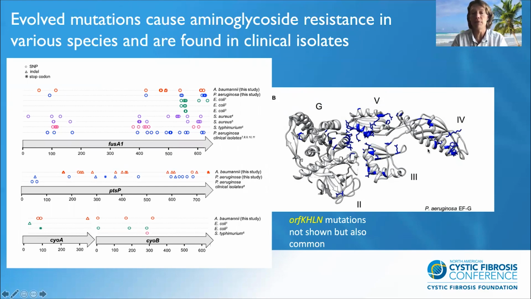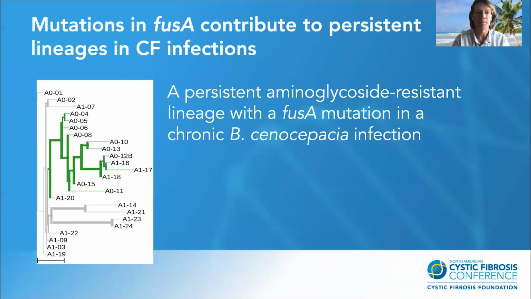These mutations are clustered in certain regions of elongation factor G, but they're not unique to a particular domain, suggesting a general diminishment or alteration of function of this factor promotes aminoglycoside resistance. I also wanted to point out that we found plenty of evidence of mutations in these orf genes in Pseudomonas from these clinical isolates.